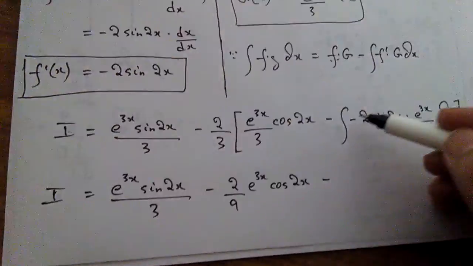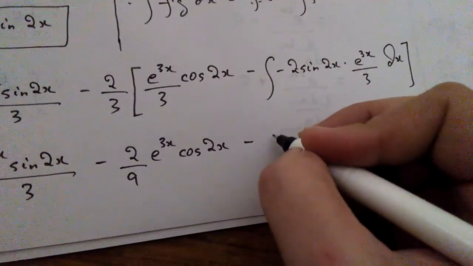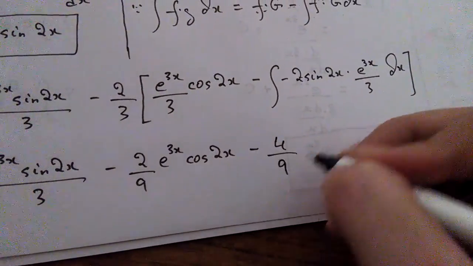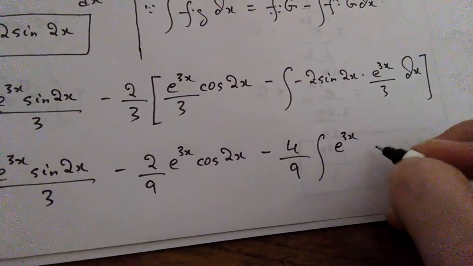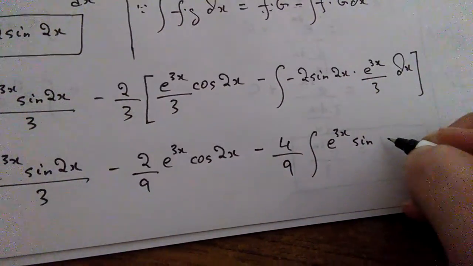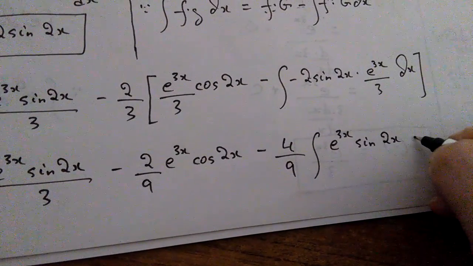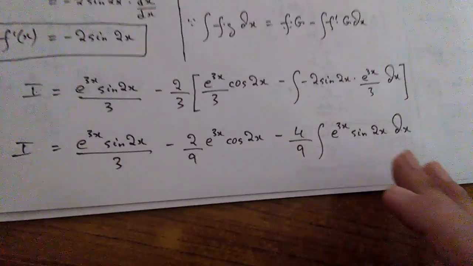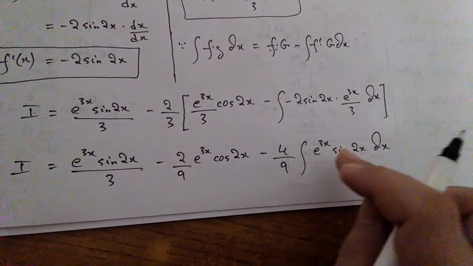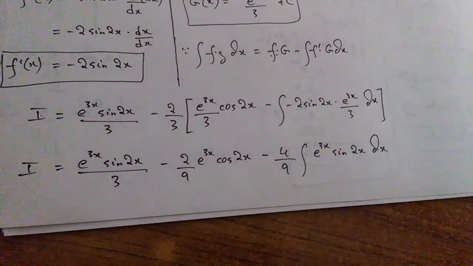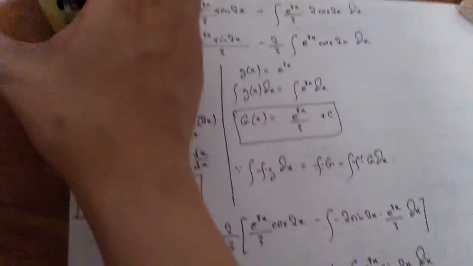Okay, and this 2 upon 3 and this 2 upon 3 on multiplication give you 4 by 9, integral e power 3x sine of 2x dx. Okay, now you can notice here that this integral is the one that was mentioned in the question. Okay, you can see it.